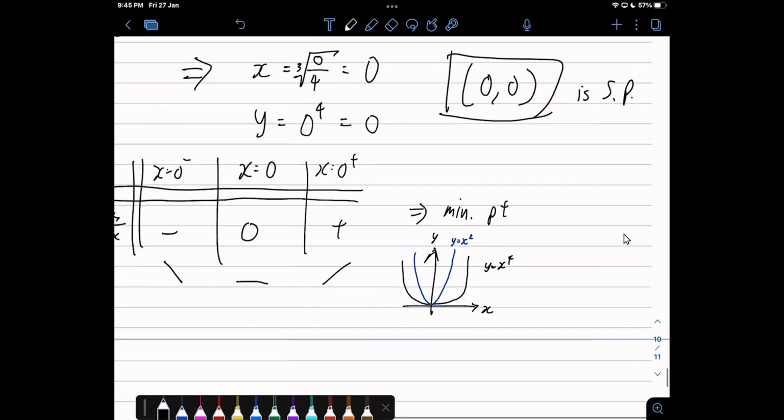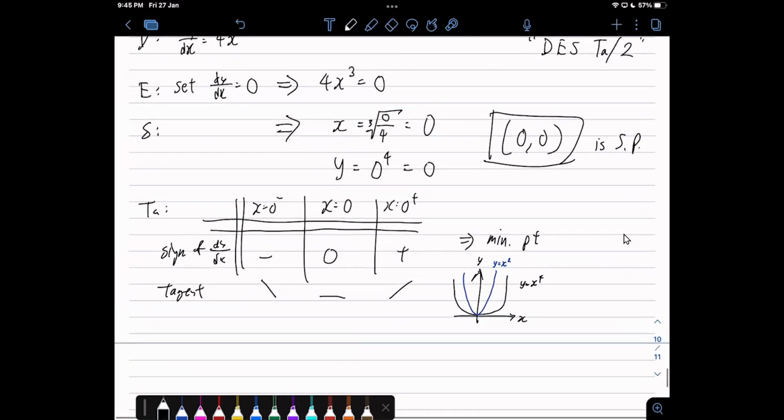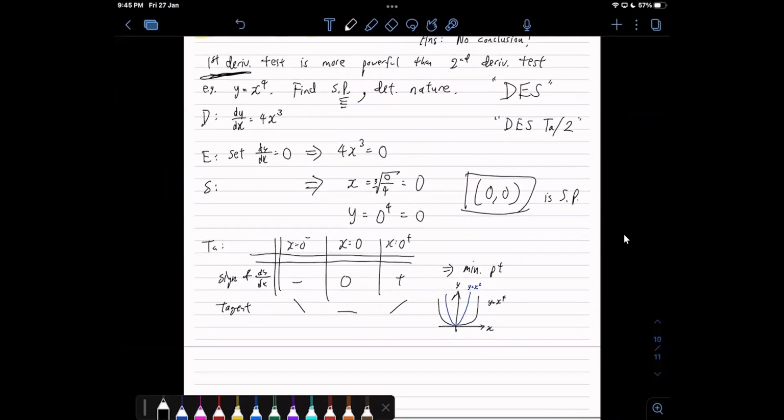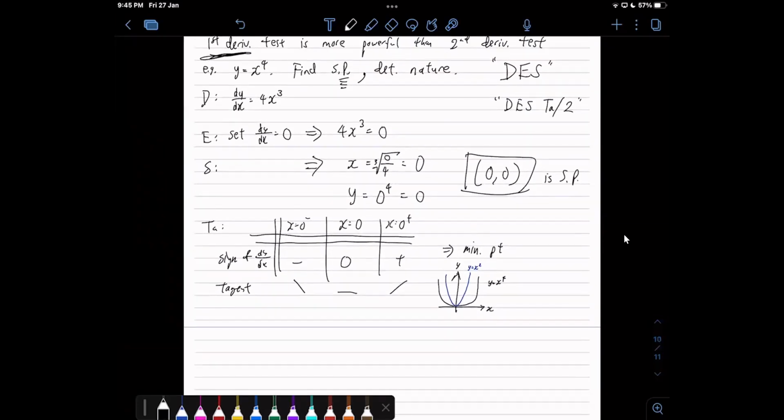How about the second derivative test? Can we try that? Second derivative test, just find the second derivative. Okay. d2y by dx squared. Maybe just to help you, I'll copy and paste the dy by dx here.